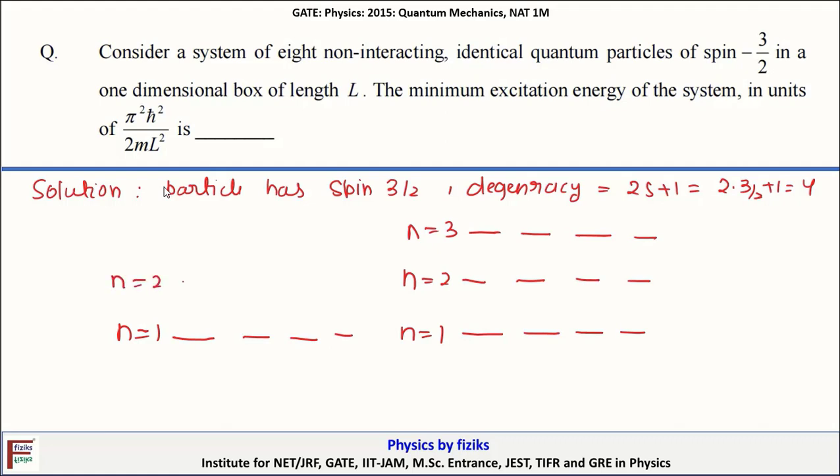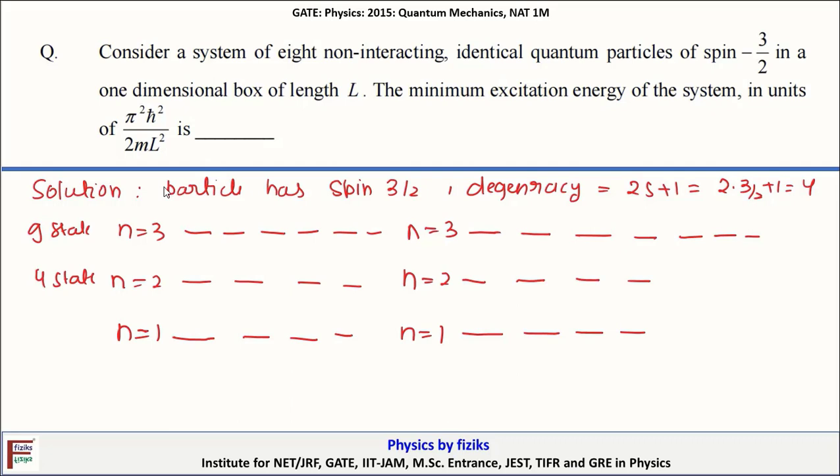I would be writing n equals 1, n equals 2, and n equals 3. There are 9 states actually, so I'm just making only 3 rather than 9.